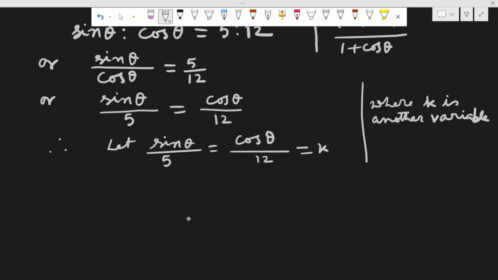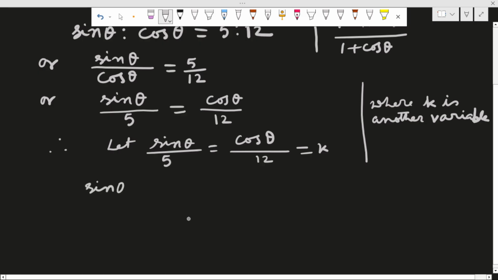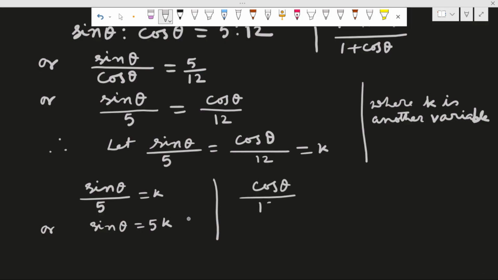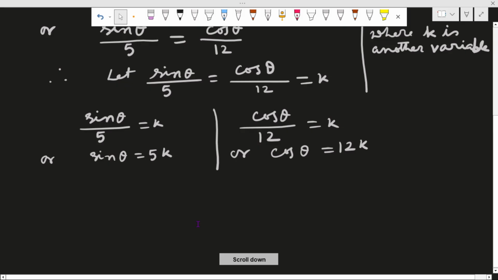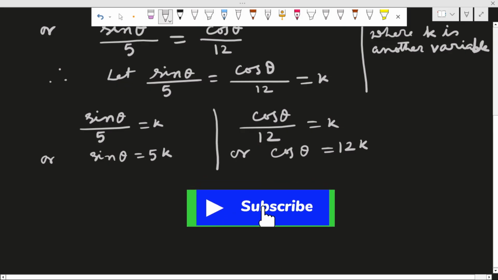From this equation we can write sin theta by 5 is equal to k. That means taking the first term and last term, sin theta is equal to 5k. From the second and last, cos theta by 12 is equal to k. Next, cos theta is equal to 12k. So we have got the values of sin theta and cos theta in terms of k.